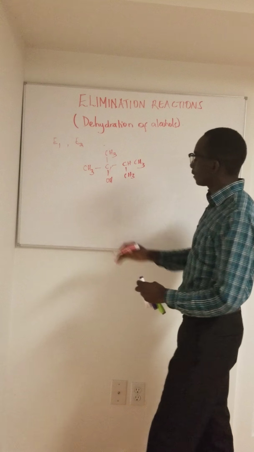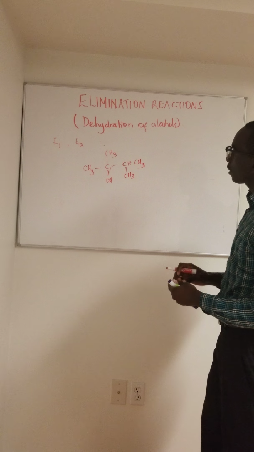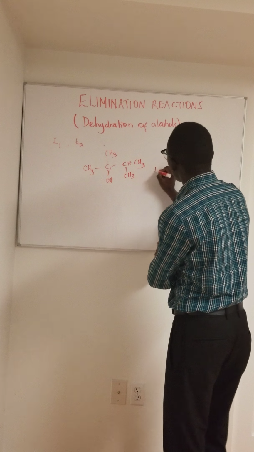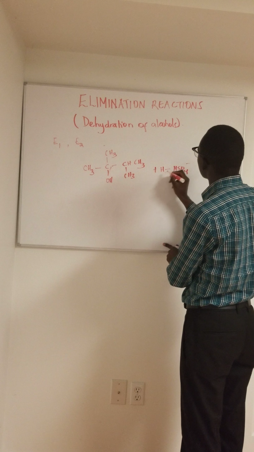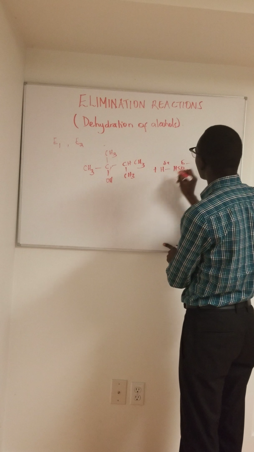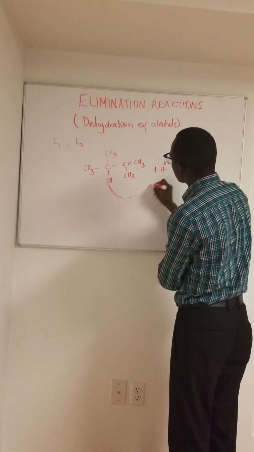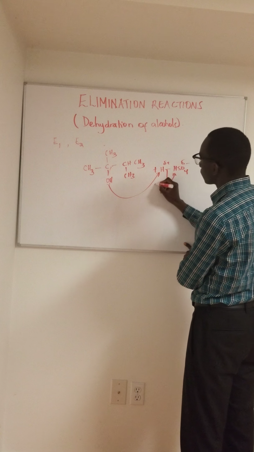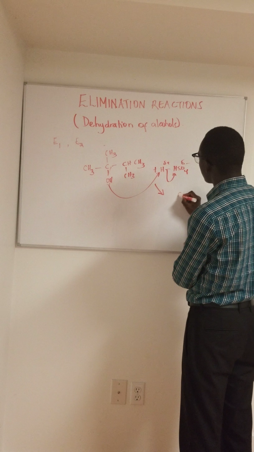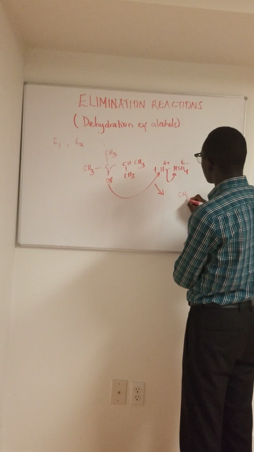If I have this type of tertiary alcohol and I react it with sulfuric acid, the oxygen will attack the hydrogen, this bond breaks off, and then we shall form something like this.